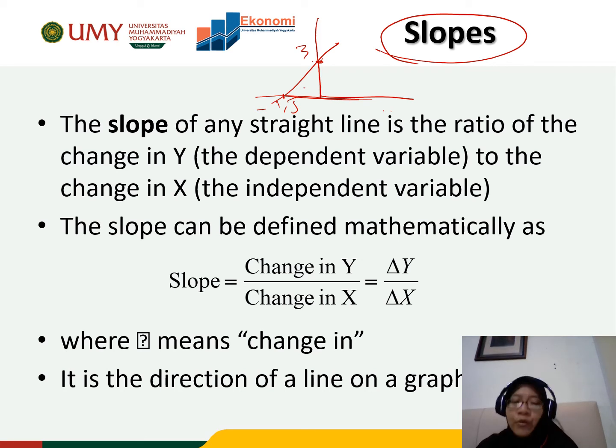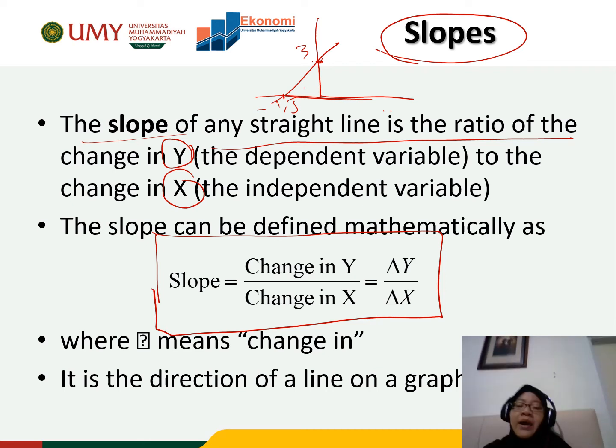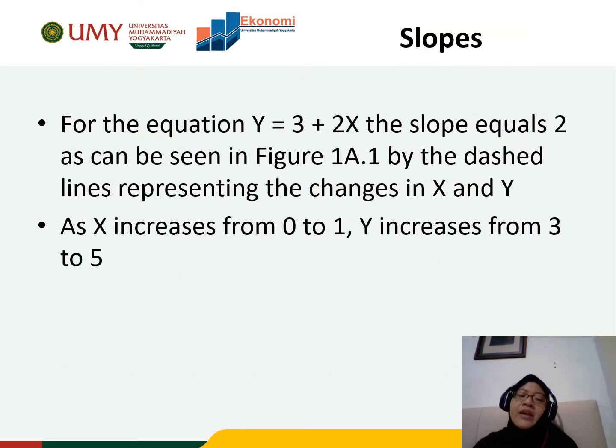So the second thing we're talking about is slope. What is the slope? The slope of any straight line is the ratio of the change in y to the change in x. We can measure it like this: change in y over change in x. So what is the meaning of change?